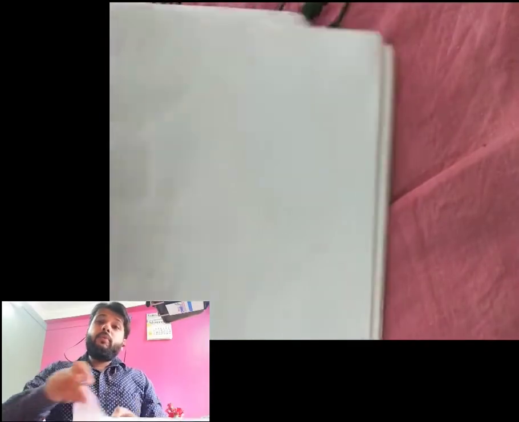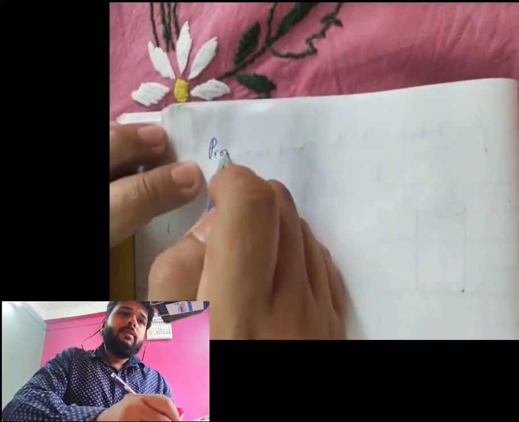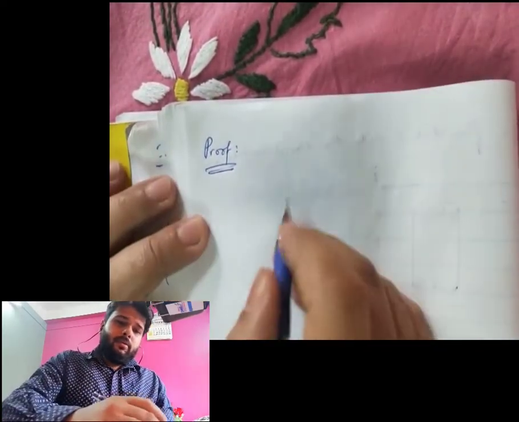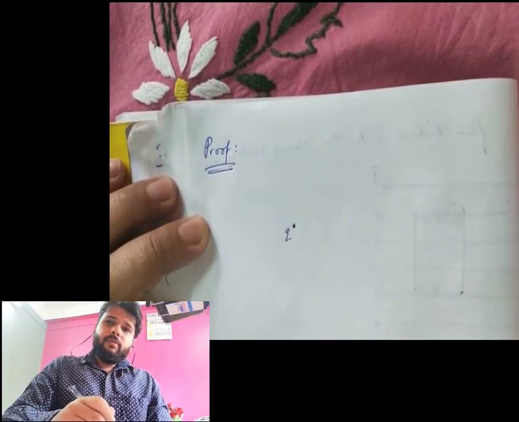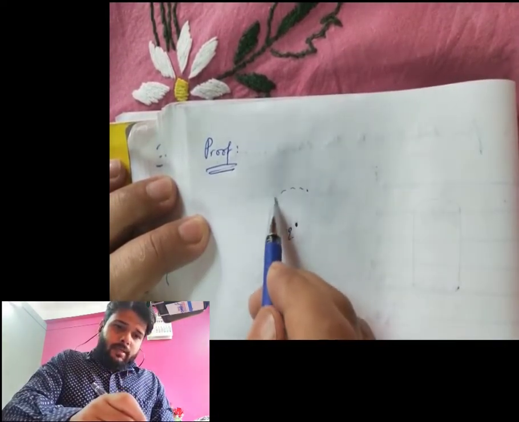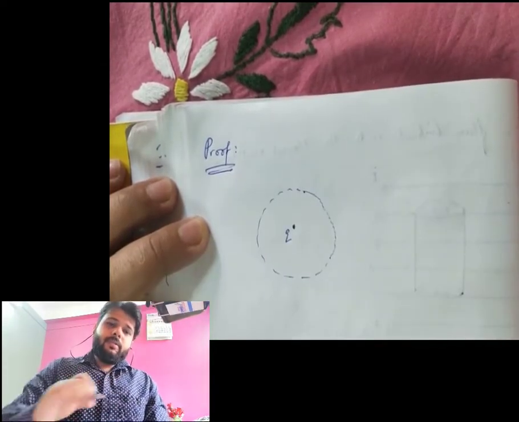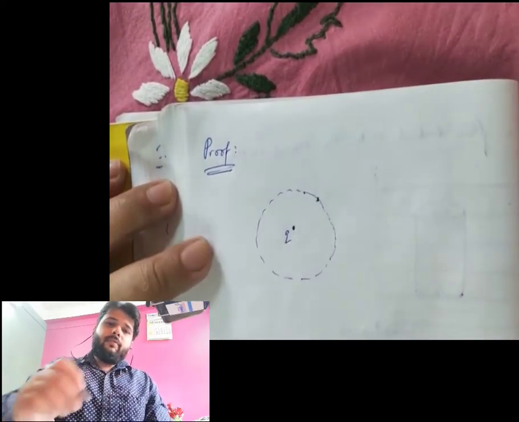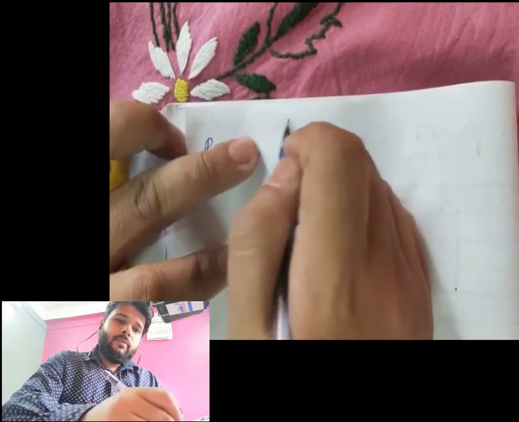Next we are going to do the proof of Gauss's theorem. To prove Gauss's theorem, we take a charge q and a closed surface, and we have to find the electric flux on this surface.